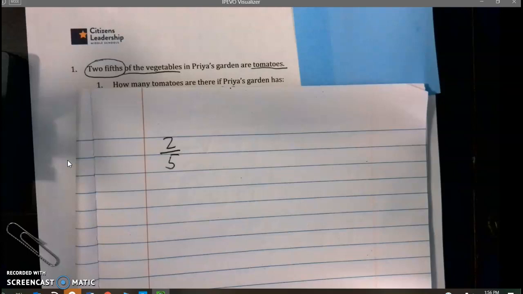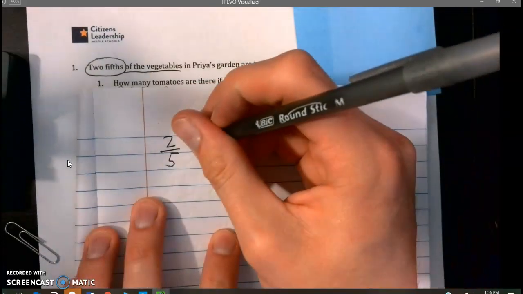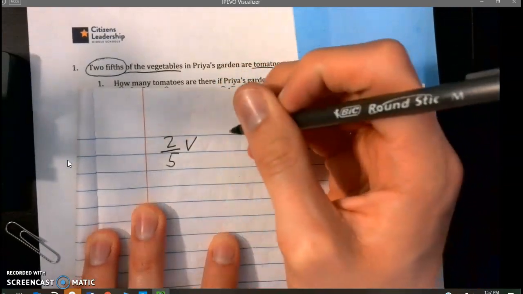But the vegetables play a really big part, right? We're talking about 2/5 of them. So if we don't have a number for the vegetables yet, anytime there's an unknown number or an unknown value, that's when we put a variable. So a really easy variable for vegetable would probably be something like V.